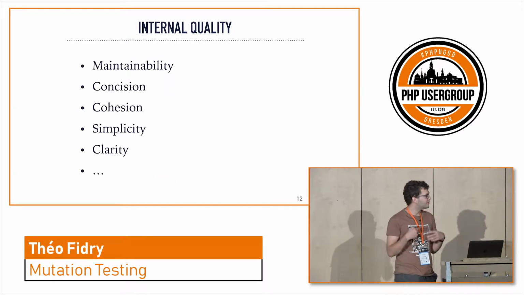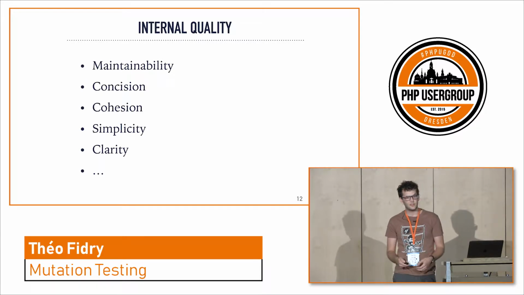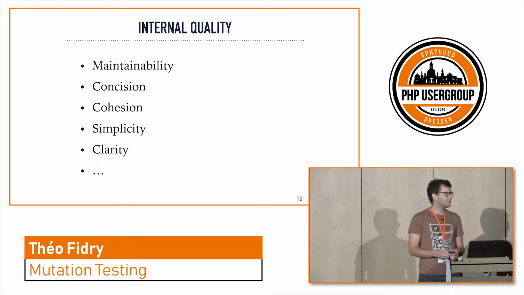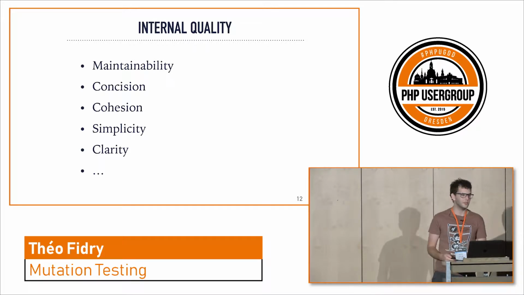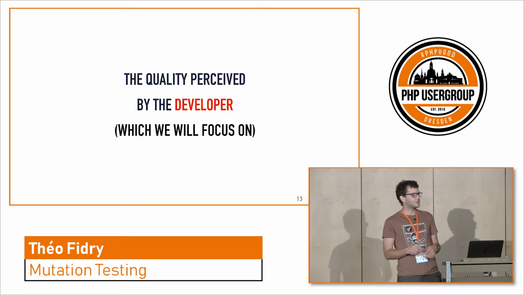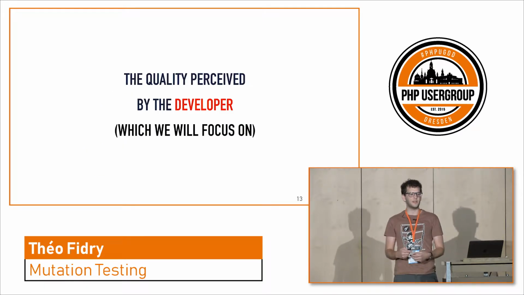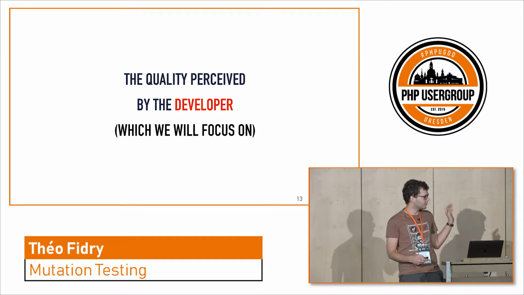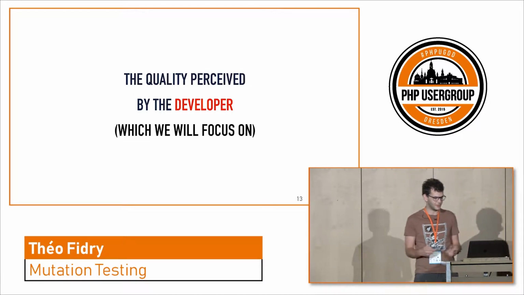So a way to define internal quality is maintainability, concision, cohesion, simplicity, clarity of your code, and you could probably add more to that list. But in short, it's the quality perceived by the developer, which is what we're going to focus on right now, because you're developers.